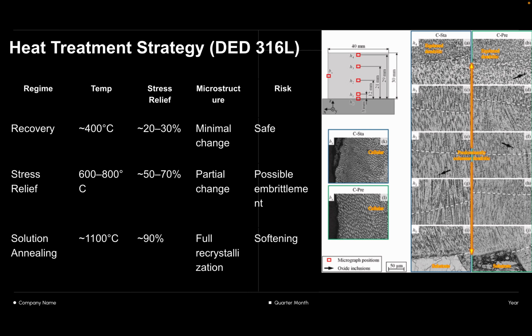At approximately 1100 Celsius, solution annealing provides the highest stress relief and full recrystallization, but it also causes softening. Therefore, the heat treatment temperature should be selected based on the desired balance between stress relief and mechanical properties.